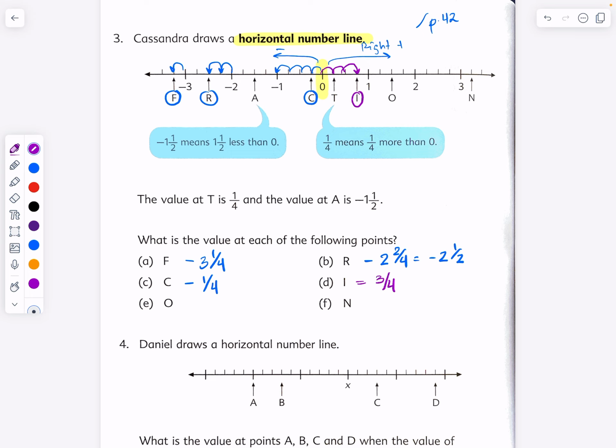Letter O, again, to the right of 0 after 1. 1 and 1/4, 1 and 2/4. We can write down 1 and 2/4, which we all know is the same as 1.5. And finally, N is right here. Again, to the right of 0 must be positive, and it is 3 and 1/4.